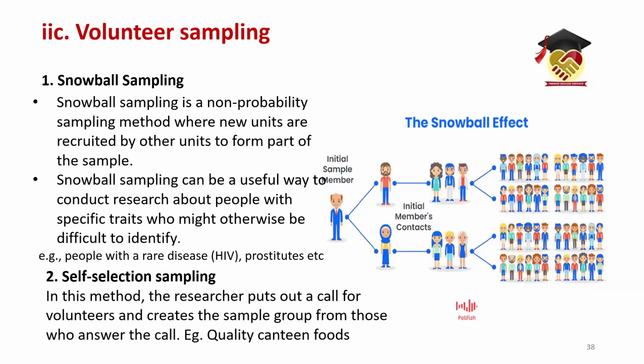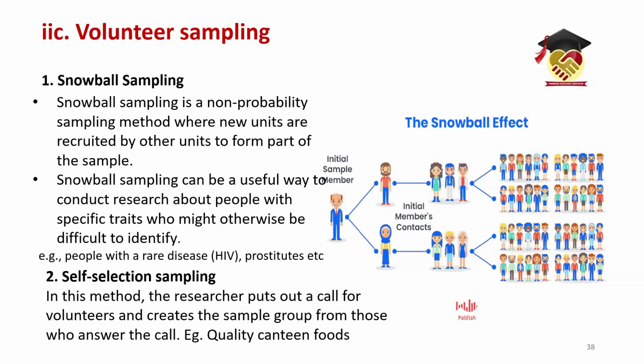So in that case, you are just publicly calling the people who are getting the foods from that particular canteen. Maybe lecturers, students, clerks, seniors, cleaners. They will voluntarily come and give you the information. So that is what is called self-selection sampling method.